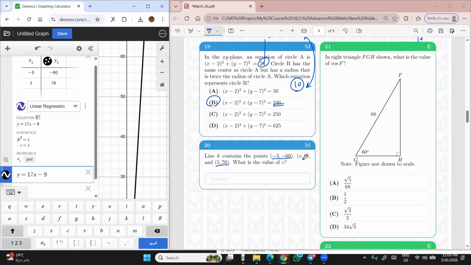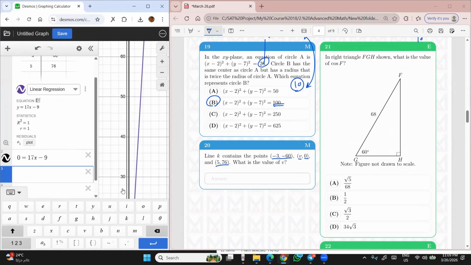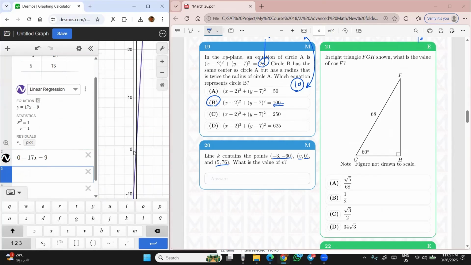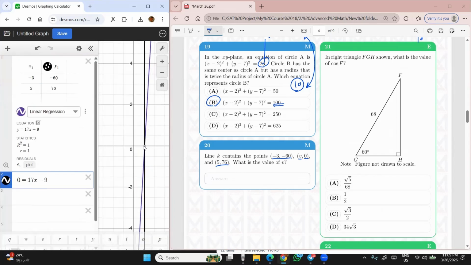How to get the value of v if you have y equals 0? So we can write 0 here. You write 0 here, you get the value of x, as you can see on Desmos. You can just click home, and maybe you can zoom in until you reach this point. The point is, as you can see here, 0.52941.